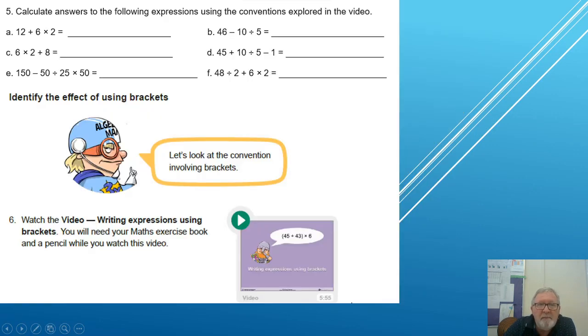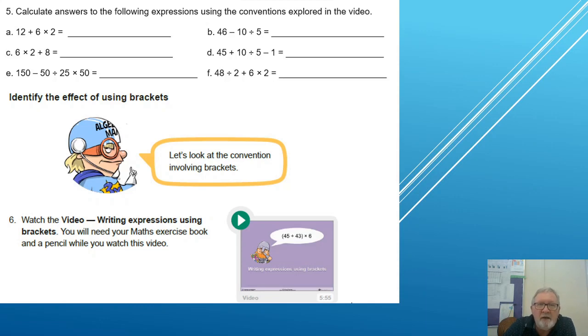All right, let's apply that understanding here. So here you've got addition and multiplication. Here you've got subtraction and division, multiplication and addition. So there's a whole range of things here. Now you've got to calculate these and you've got to do them in the right order, applying the right conventions.